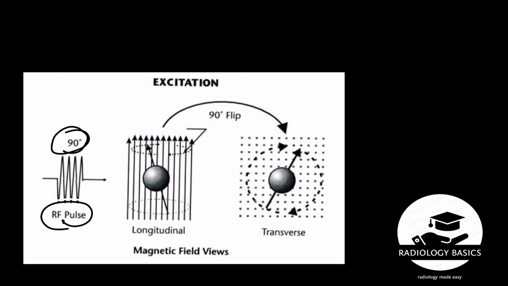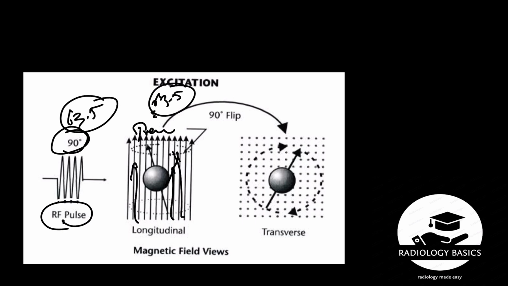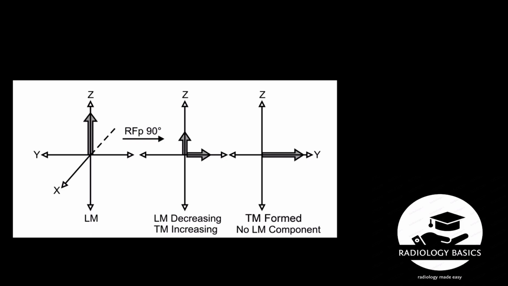The net magnetization is along the longitudinal direction. The precession frequency is around 63.5. At the same frequency we give an RF pulse, and it changes its direction from longitudinal to transverse.